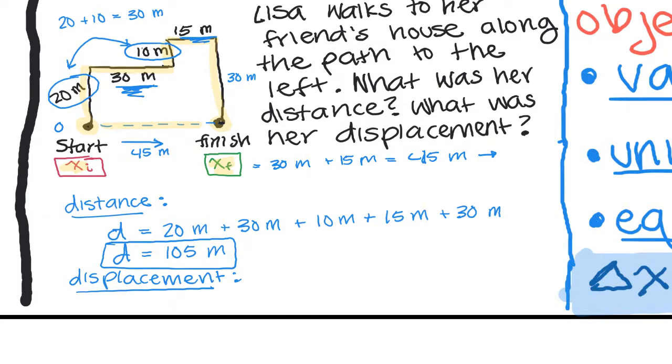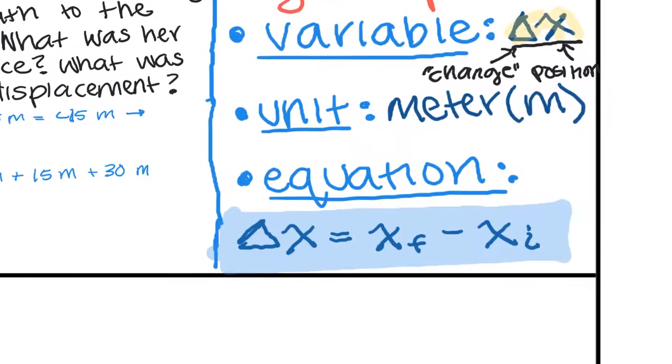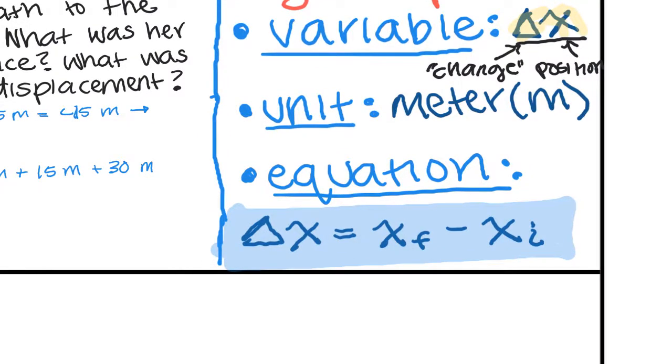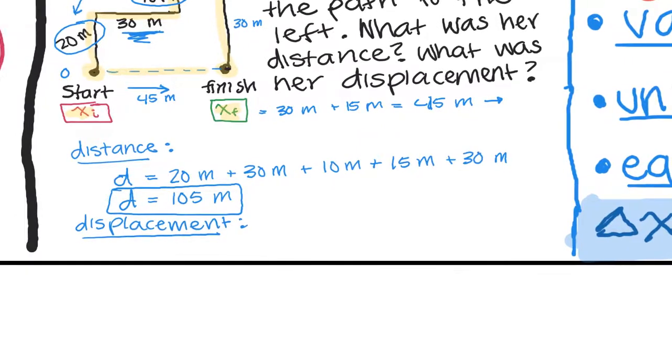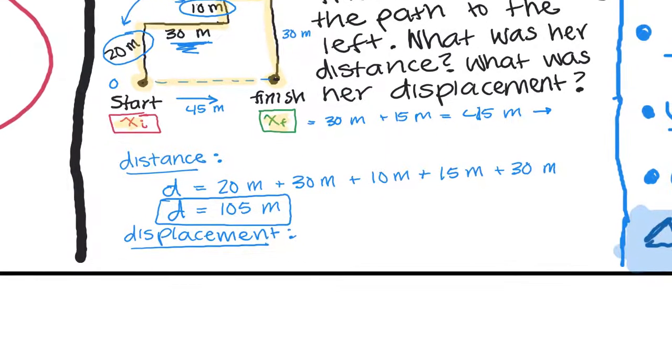Okay, so our displacement, the way we would calculate this, if we're looking at our equation, is that delta x equals xf minus xi. So our final position minus our initial position. So I'm going to plug into our equation right here.